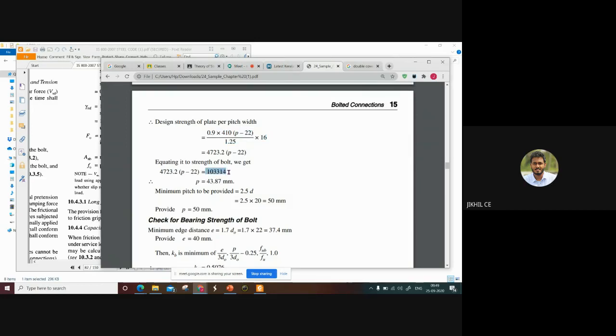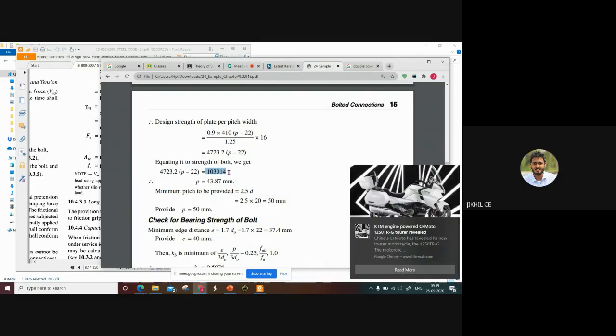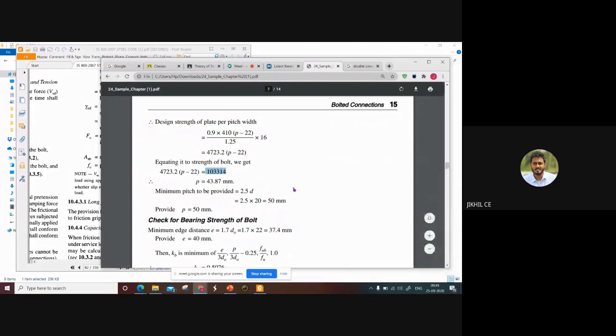Because if the bolt is failing in shear, then the connection is a failure. Even if the plate is stronger, there is no use. So we can have the values equal, and that's why they are comparing with the lowest value, the bolt in shear. So we can back calculate the pitch.